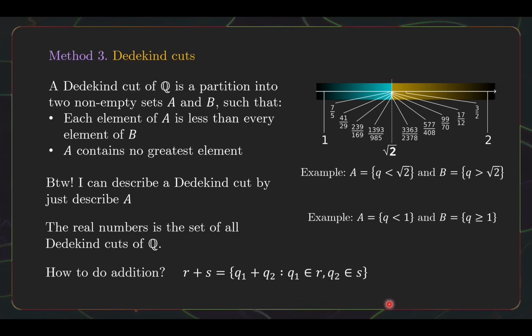Then S is another left side set. To define R plus S, I'm just going to define this set: I take all possible sums of something from R and something from S. You can check this corresponds to a left side set of the rational numbers, so it corresponds to a certain Dedekind cut and therefore a certain real number. This will be the definition of the sum.